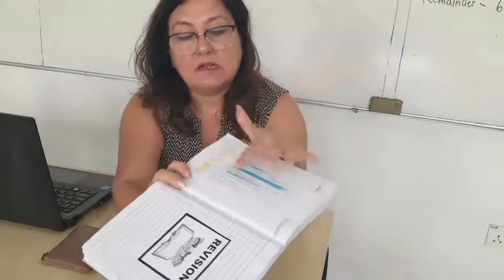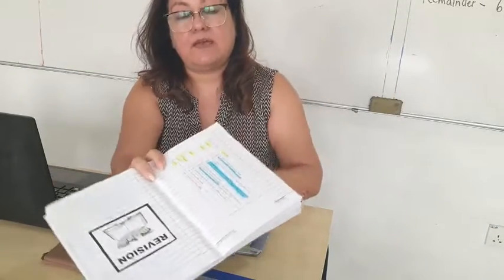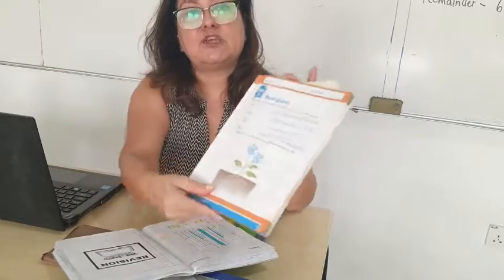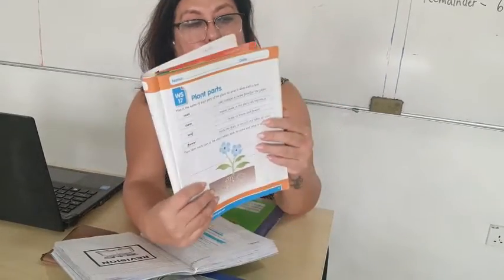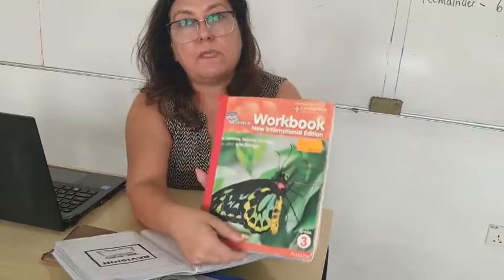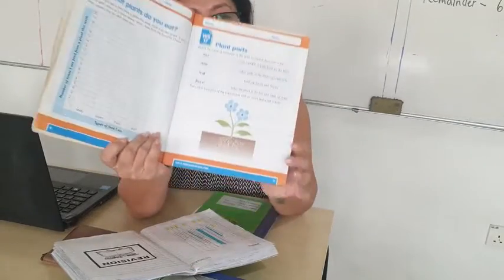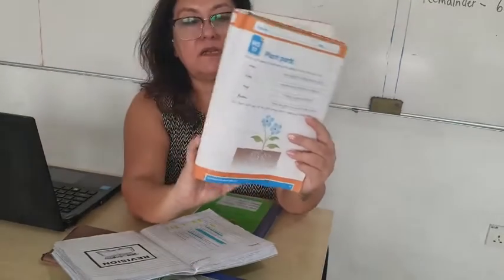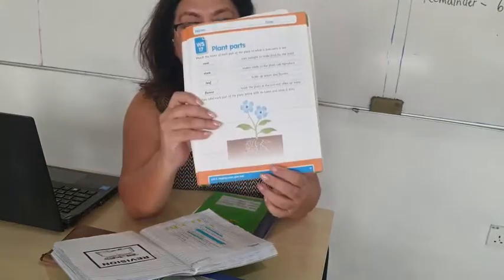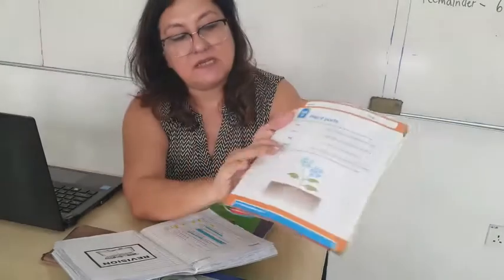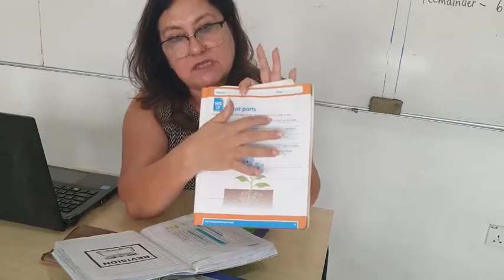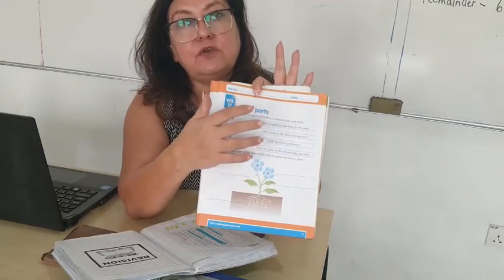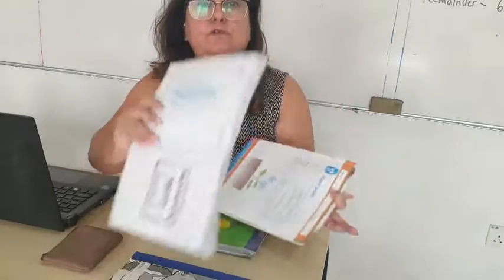If you don't have this, then on page 17 of your science workbook, you have the functions in short. So you can use this or you can use from here.